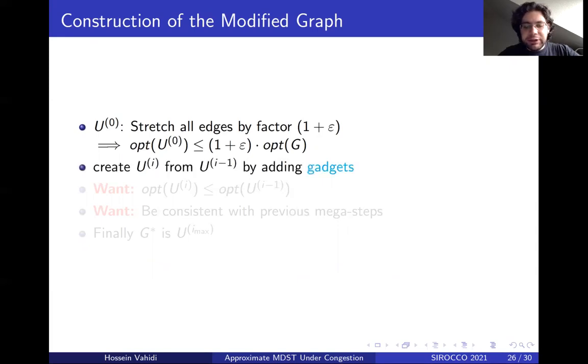And then, as we said, we want to add gadgets to the current modified graph to make sure that the following things happen.